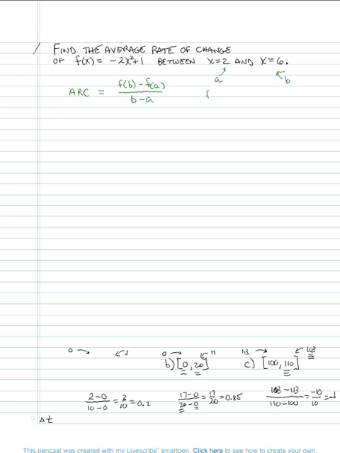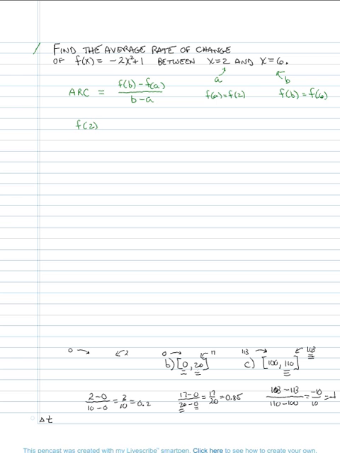And so f of a would be f of 2. And f of b, of course, would be f of 6. So to calculate this average rate of change, we need all of those values. So let's first calculate the f of a value.